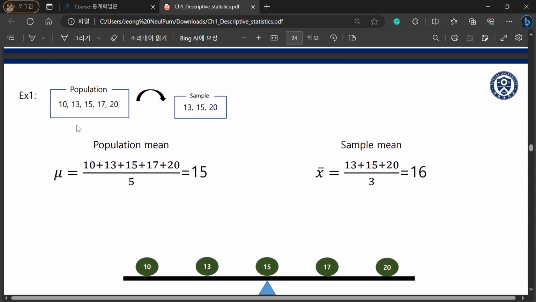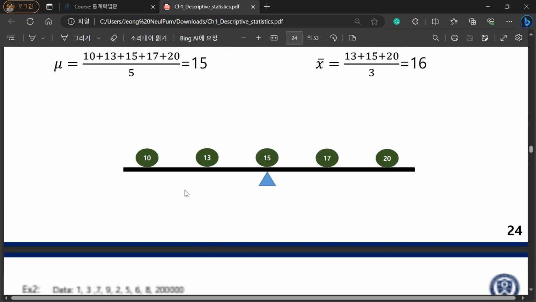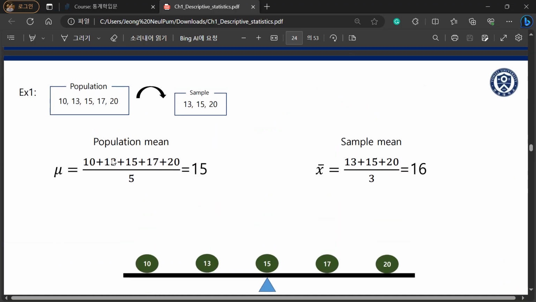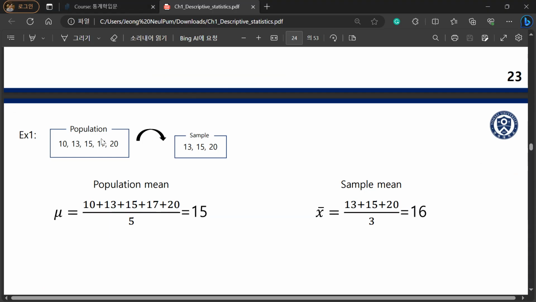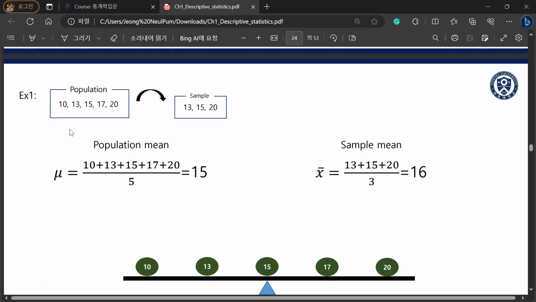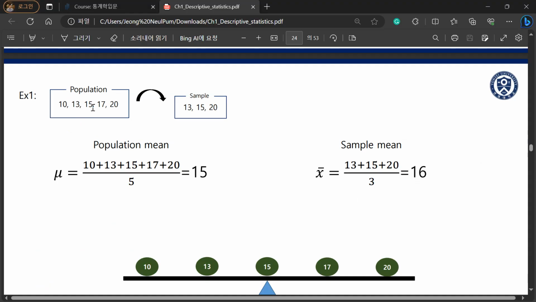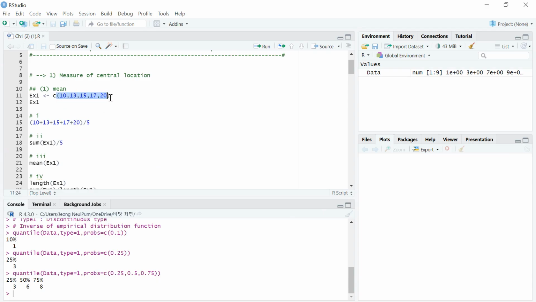So if we have 5 numbers, we can get the population or sample mean, which is the central location of our data. You can refer to the R file because I prepared the same data as the class material PDF file. So the numbers are the same here, as you can see.